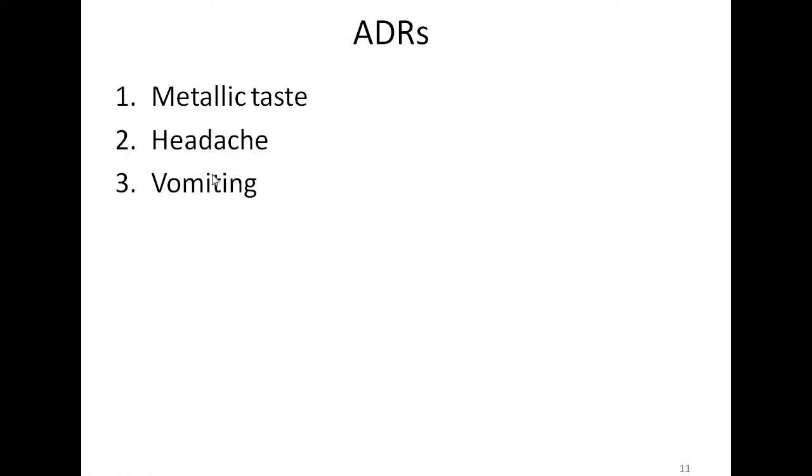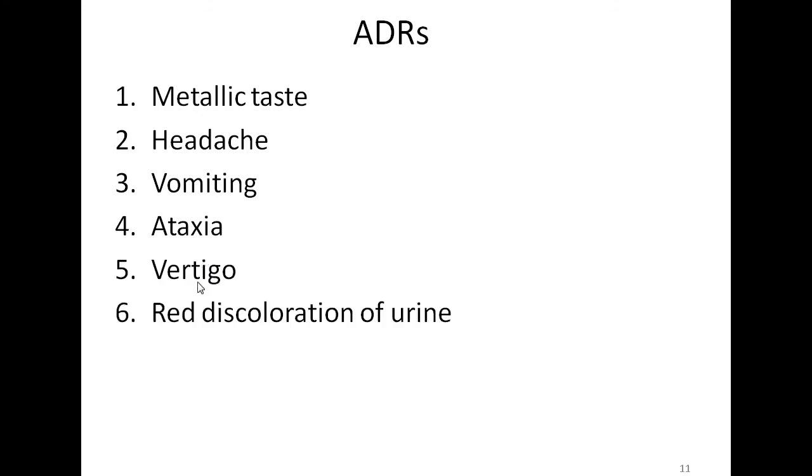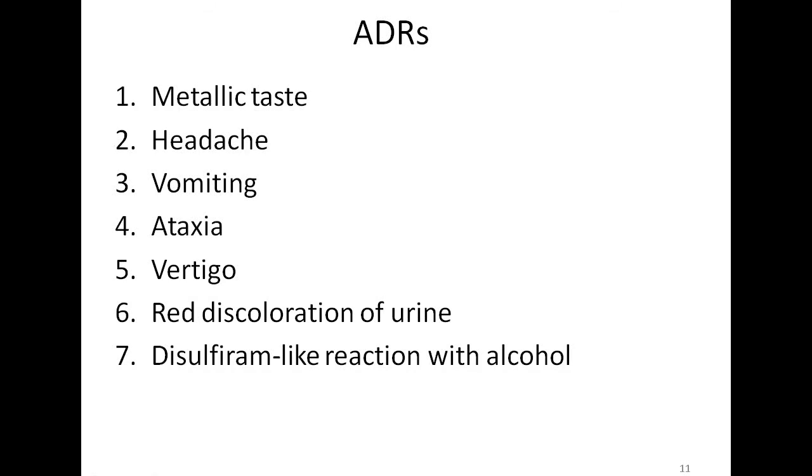The adverse drug reactions include very common metallic taste, especially with metronidazole, headache, vomiting, ataxia, vertigo, red discoloration of urine. Please remember this. We will sometime later, while doing anti-tubercular drugs, be mentioning rifampicin, which also causes discoloration of urine. Disulfiram-like reaction with alcohol.